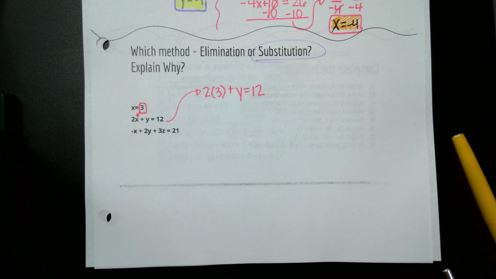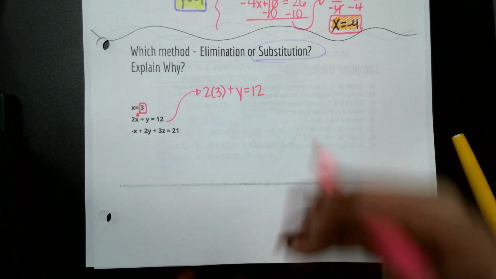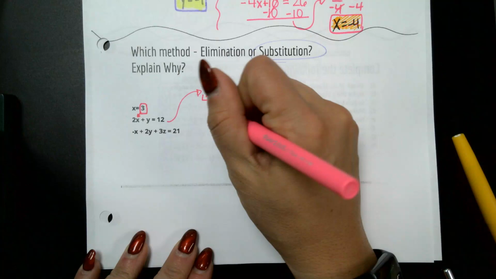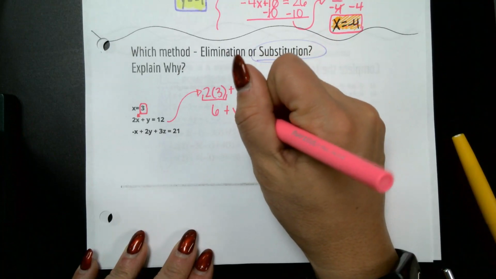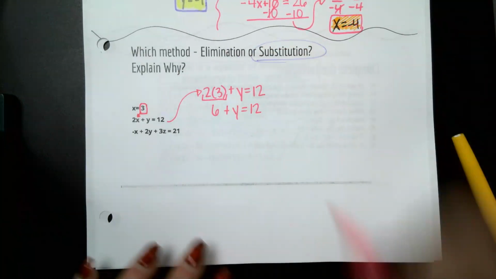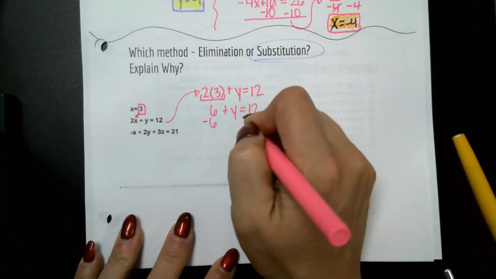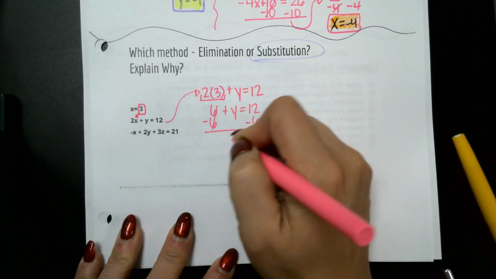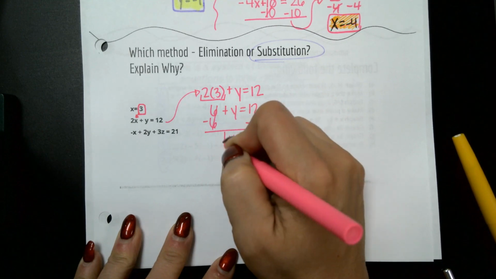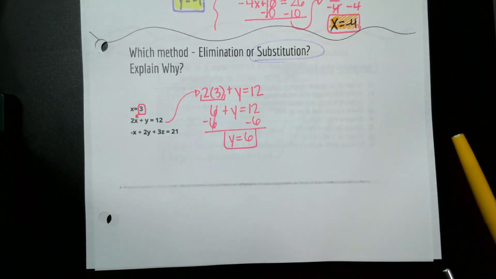Yeah. 2 times 3 is 6. Yeah, I said it wrong. You said it right. I don't know what I was thinking. And then how do I solve for y? Subtract 6. Yep, just subtract 6. So y equals 6.